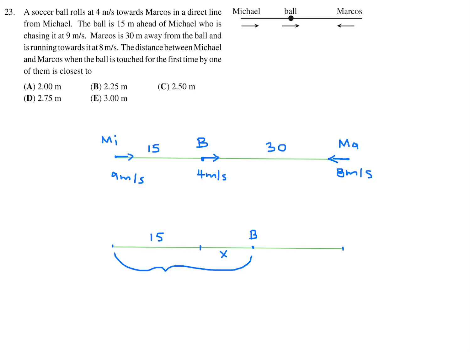So we'll just leave that little region there. In a very similar way, Marcos is going to go this way, and we also don't know where he ends up. So somewhere is Michael and somewhere is Marcos. Okay? So that is sort of the dilemma here.